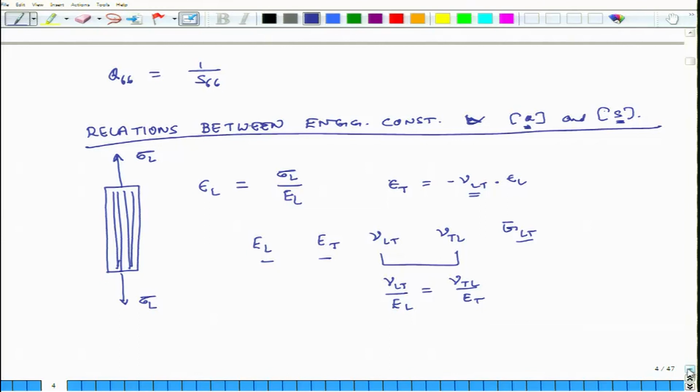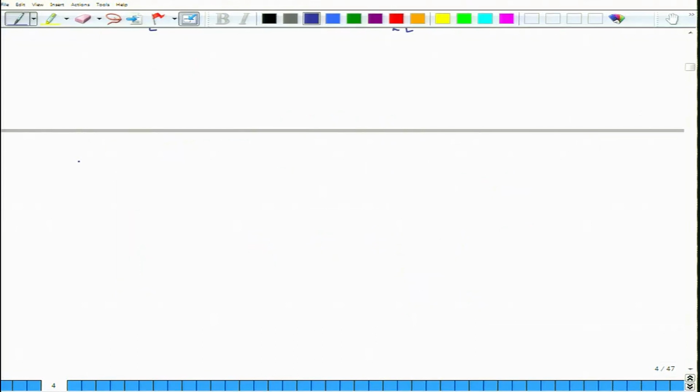So, the basic thought process we have already explained. So, what I will do is I will just directly state the results. So, I will say that S11 equals 1 over EL, S22 equals 1 over ET, and S12 equals minus nu LT over EL, or you can also state it as minus nu TL over ET.